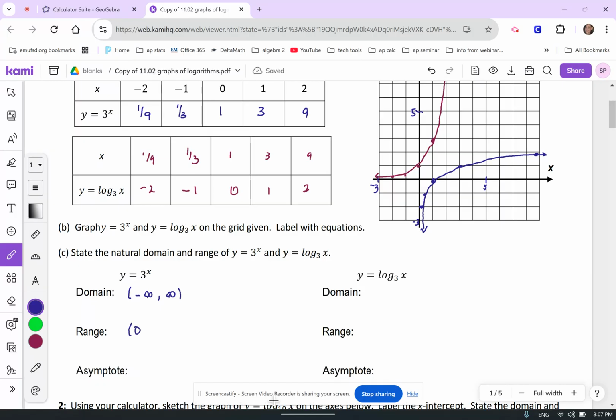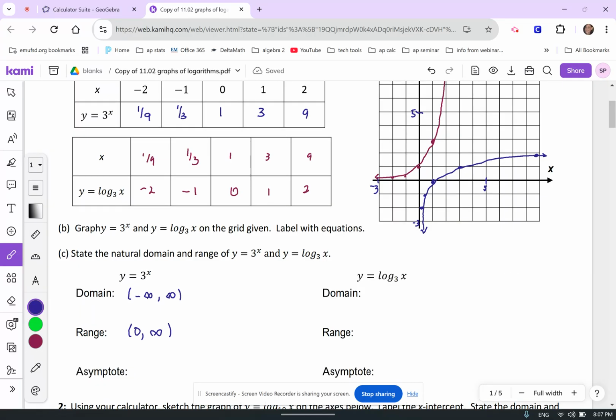So it's a soft bracket because you're not including 0, all the way to infinity. And as we discussed a moment ago, the asymptote is y equals 0. That's the guideline: as long as the function is in the form y equals something raised to the x with no adding or subtracting of a constant, the asymptote would be y equals 0.